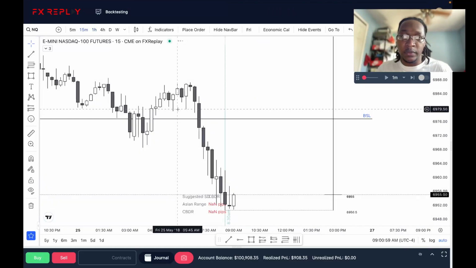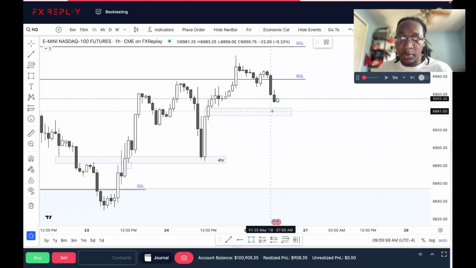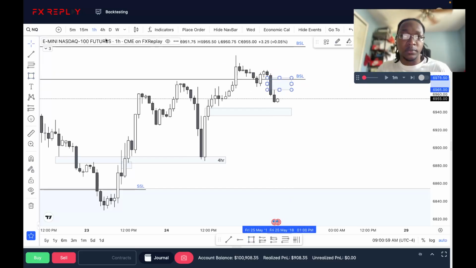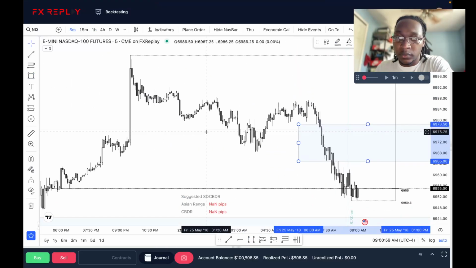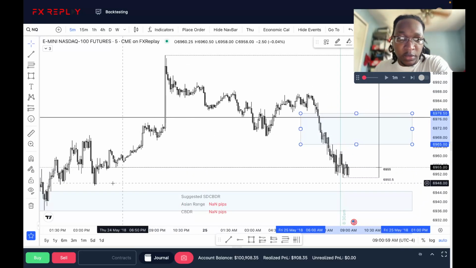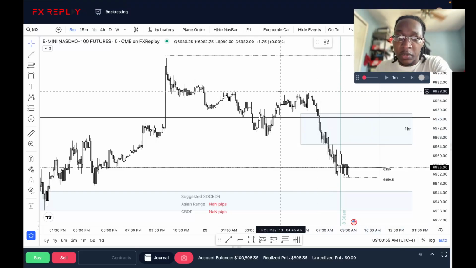Let's see. Yeah, let's note that hourly gap. So we have relative equal lows over here. We have an hourly fair value gap here. We do have some relative equal highs.